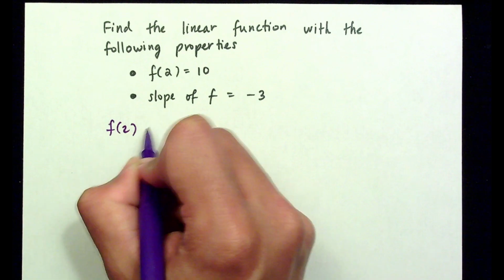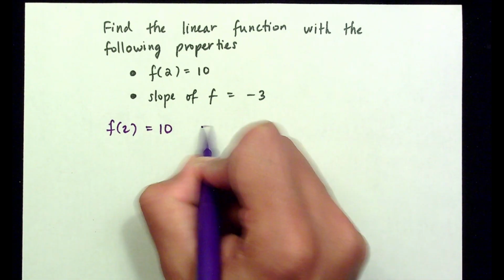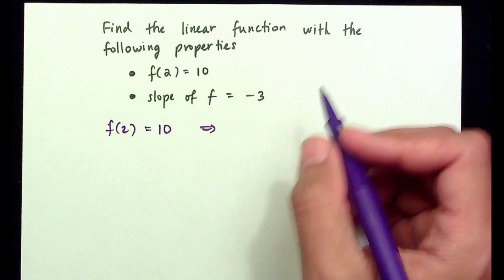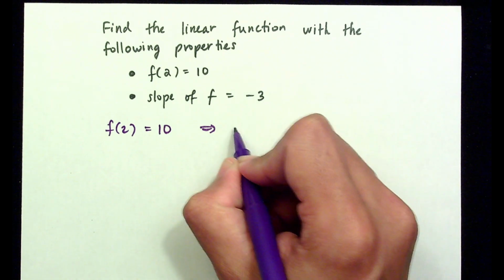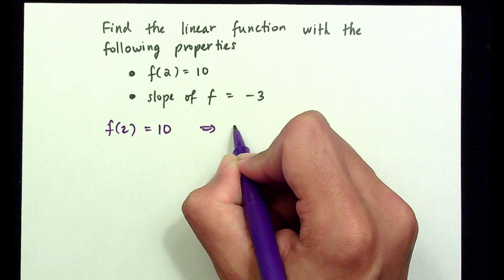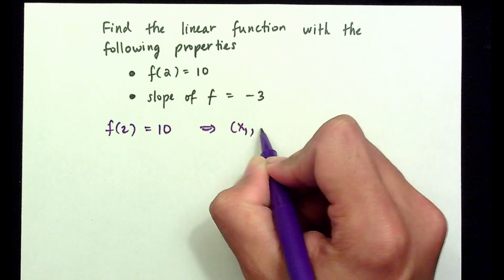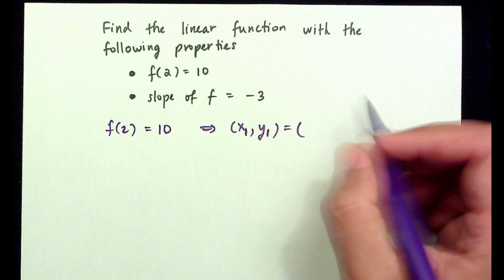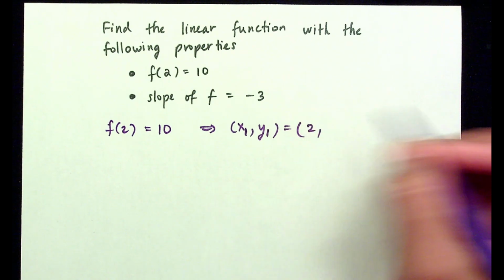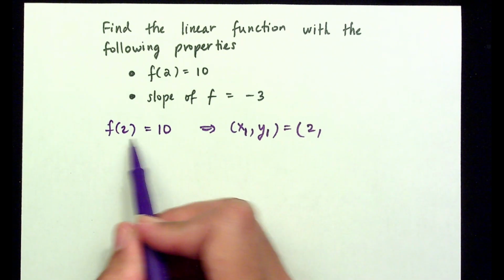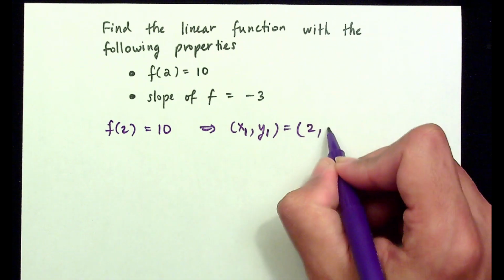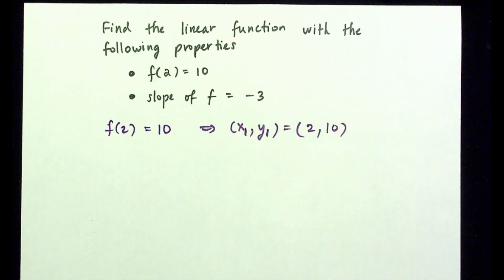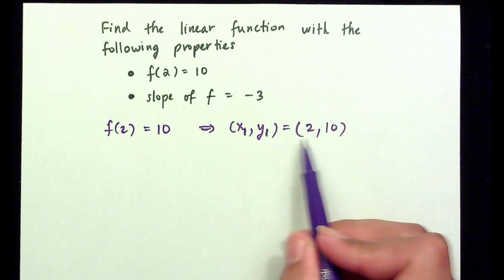The statement f of 2 equals 10 is really equivalent to saying that the corresponding line passes through the point x1, y1, where x1 is 2, which is the input, and y1, which is the output, is 10. So the line passes through the point (2, 10).